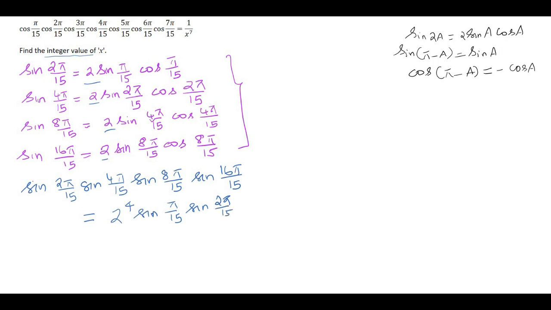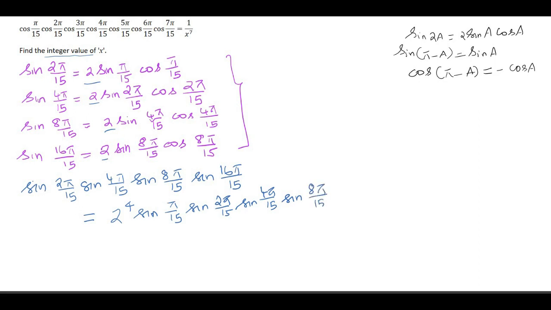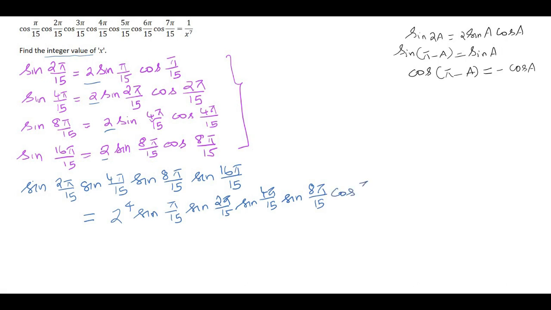First I will write all the sine terms together: sin 4 pi by 15, sin 8 pi by 15, then all cos terms together: cos pi by 15, cos 2 pi by 15, cos 4 pi by 15, cos 8 pi by 15, right?